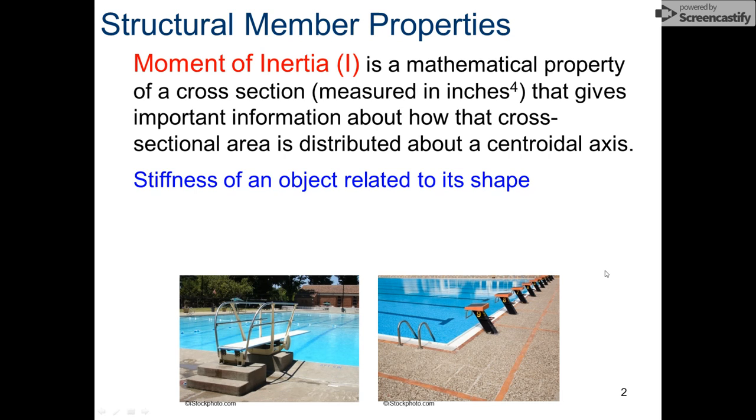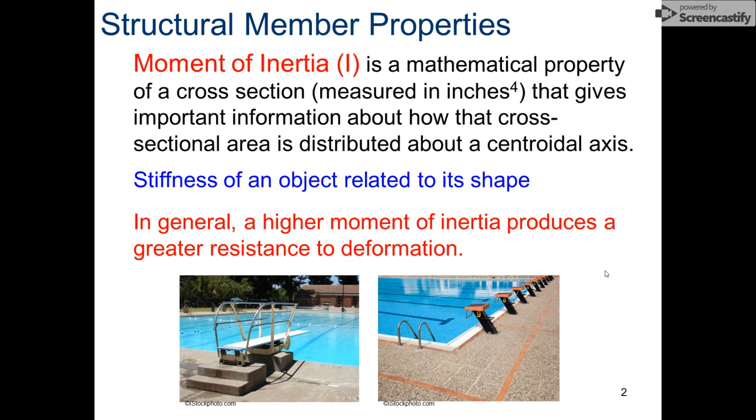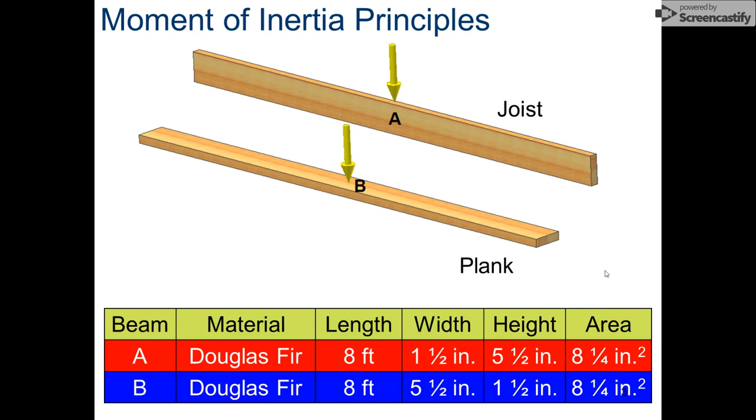Now we're going to get more in depth. The stiffness of an object related to its shape. In general, a higher moment of inertia produces a greater resistance to deformation, which means bending or stretching or any other type of deformation or breaking.